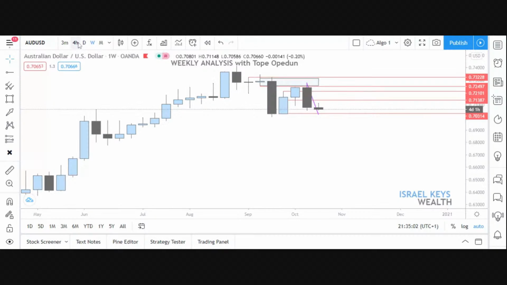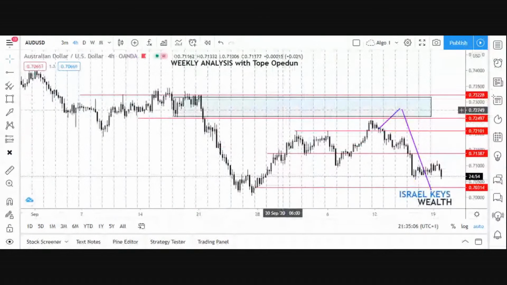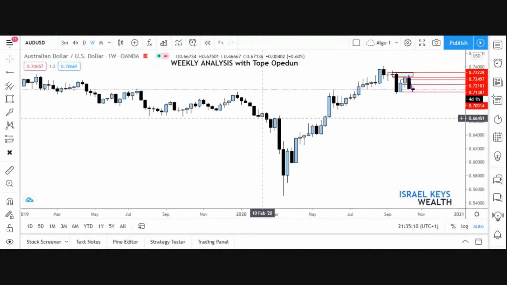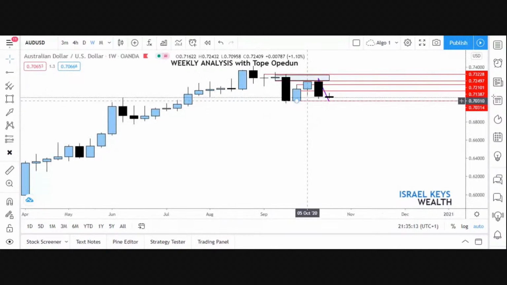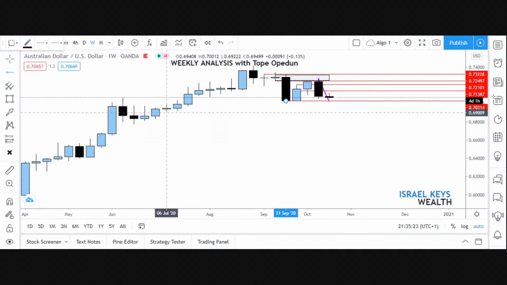If we go on the H4, because of this move now, my lower targets will still remain this level, this clean weekly level, the 28th of September low. Once they take that, then they should be looking to take this double bottom over here.